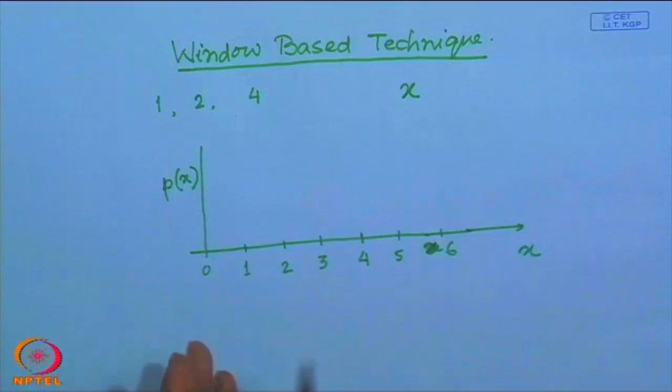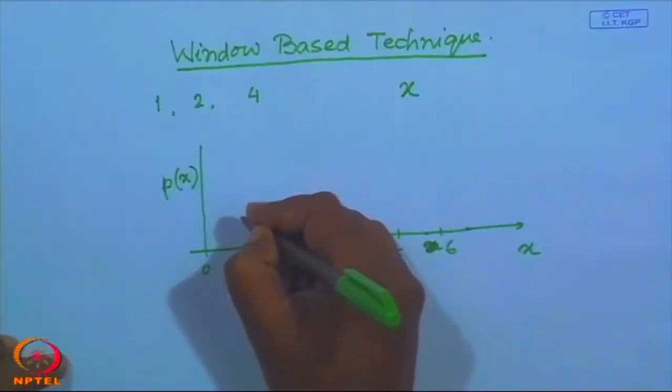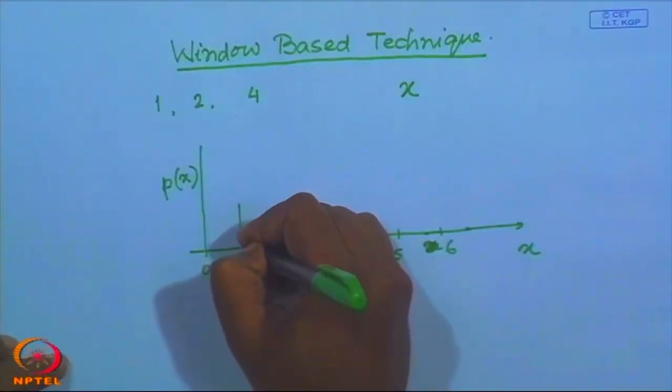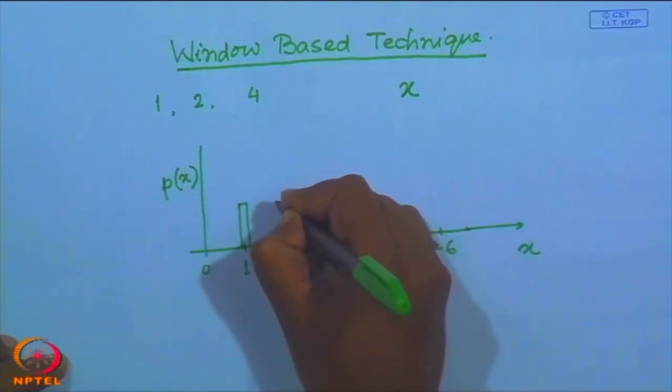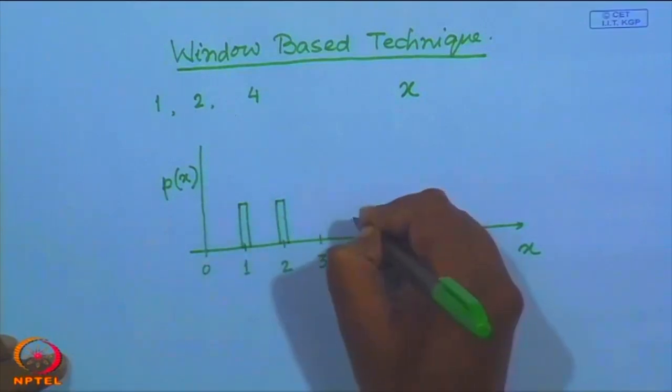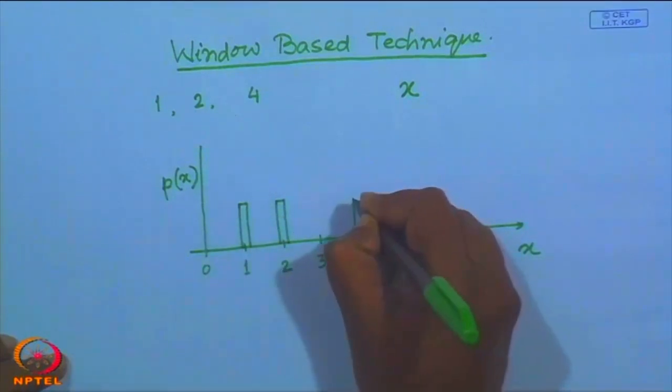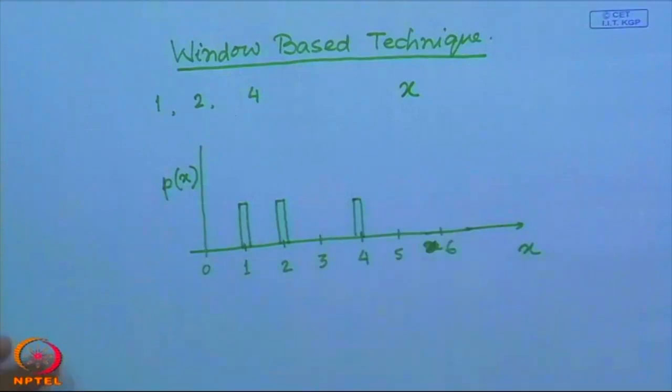And as I said, every sample is a representative of a probability density function. So, initially I assume that the representative probability density function is a delta function, something like this. I have one delta function at location x equal to 1, another delta function at location x equal to 2, and another delta function at location x equal to 3.